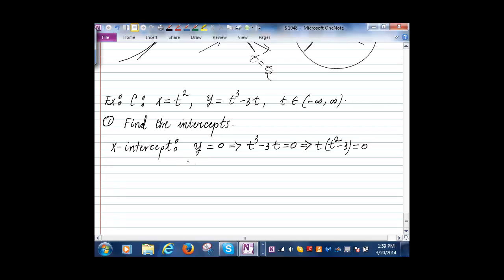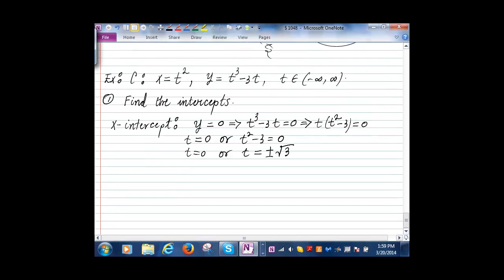So either t is 0, or t squared minus 3 is 0, which means t is 0 or t is what? Plus or minus root 3. Okay, so I see that for those values of t, the object is touching the x-axis.